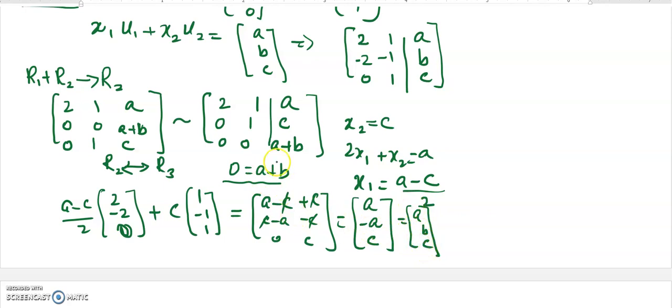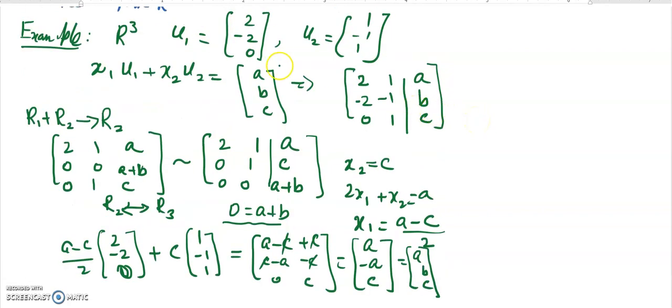So in this case, the values which we have determined show that we can express this in terms of x1 times u1 plus x2 times u2. Which means that these two vectors are in the span of R3.